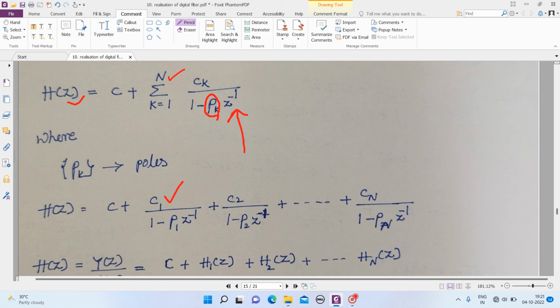The final value of k is capital N: c subscript N divided by 1 minus p subscript N z inverse.